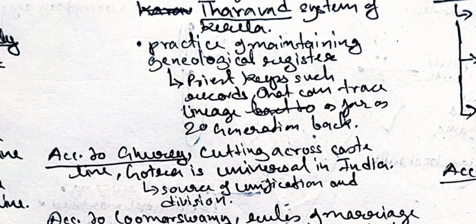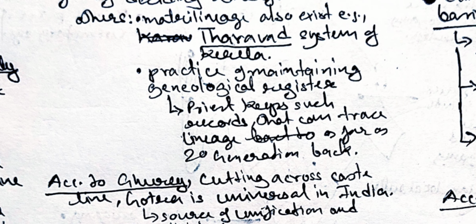Other is the practice of maintaining the genealogical register. For example, the Brahmanical priest keeps records that can trace the lineage as far back as the 20th century. This is practiced in Hinduism. So this itself is one of the most distinct features.